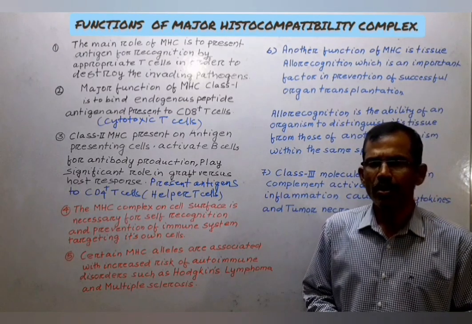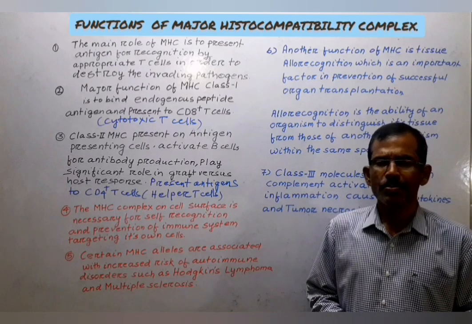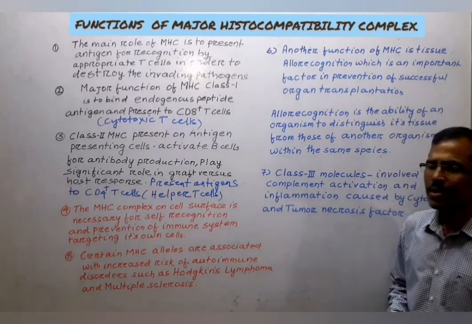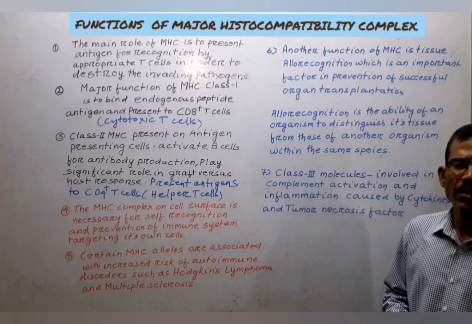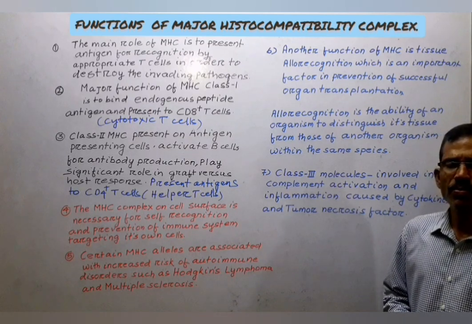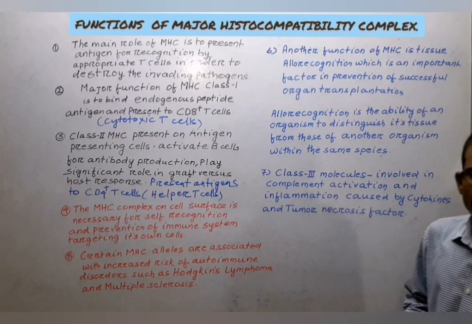MHC class 1 molecules are present on all nucleated cells. They specialize in presenting endogenous antigens to CD8 plus T cells, also known as cytotoxic T cells. They play a role in destruction of virus-infected cells as well as tumor cells.